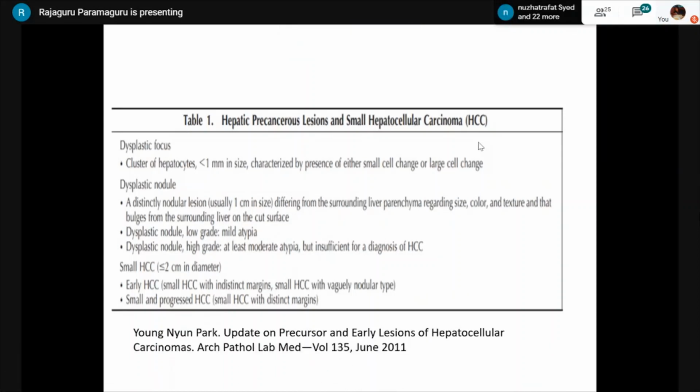The next question is from Dr. Satyendra. Should LCH always be in the differential diagnosis of drug-induced liver injury?